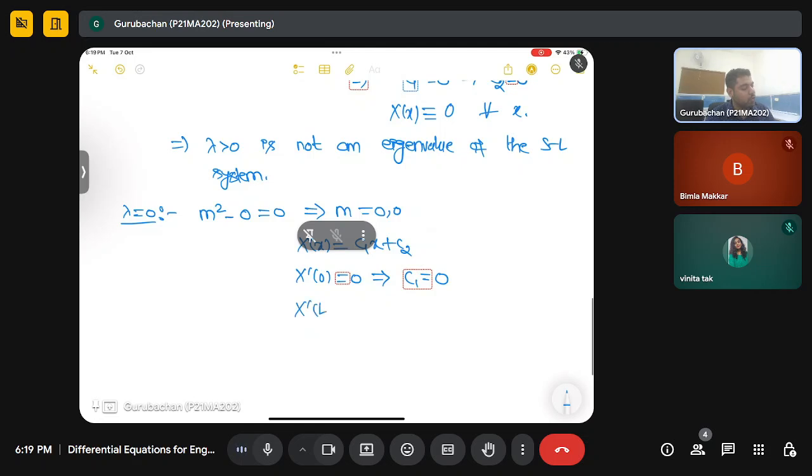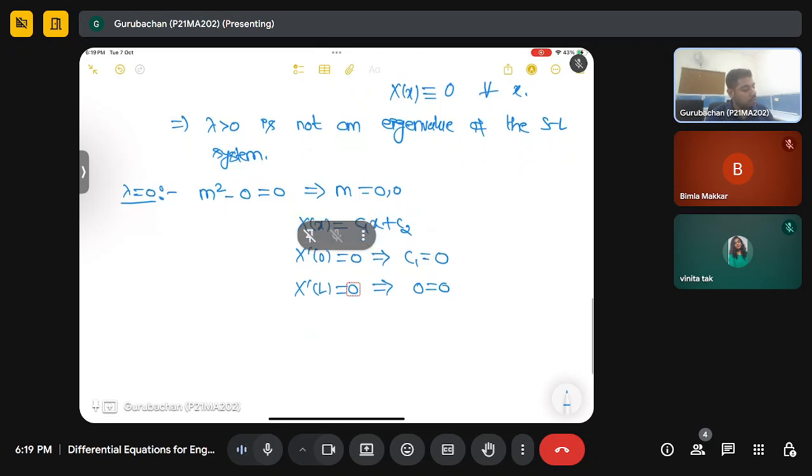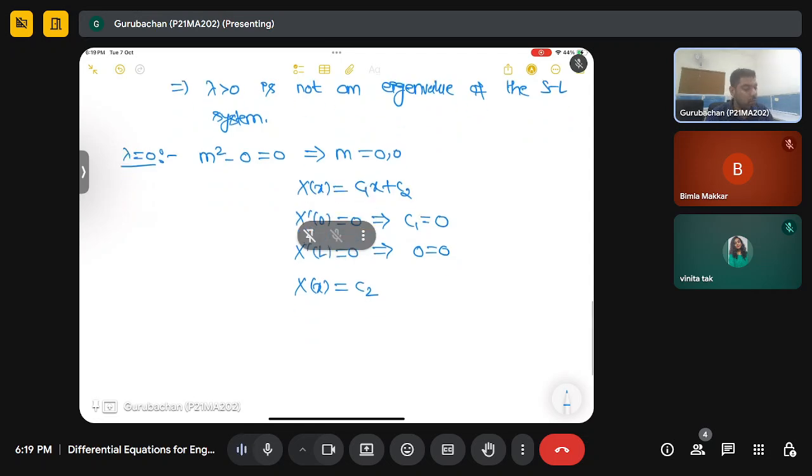X'(L) is 0 will give us the trivial equation 0 equal to 0. That means we are left with X(x) equal to C2, which is an arbitrary constant. So we got some non-zero solution. If we assume C2 is 1, for a non-trivial solution we get X(x) as 1.